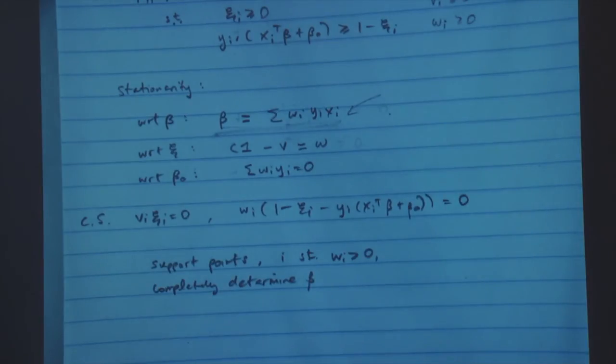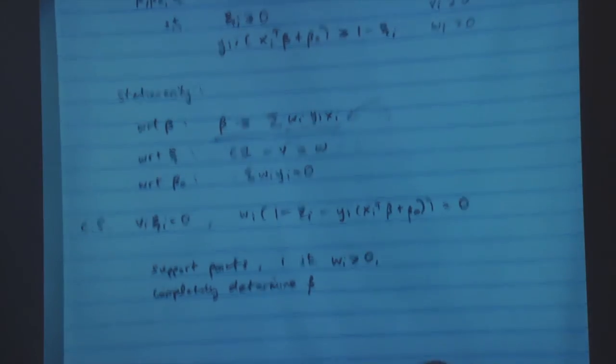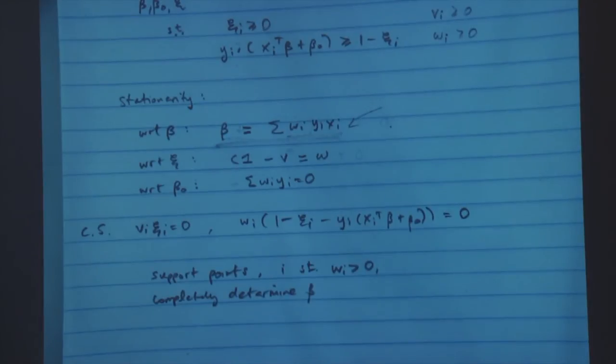Okay, we can actually know even a little bit more than that. Let's suppose we had a support point. So we had w_i that was non-zero, so it's strictly bigger than 0. What do we know here? Let's suppose that we had a support point and it so happened that psi_i was equal to 0.